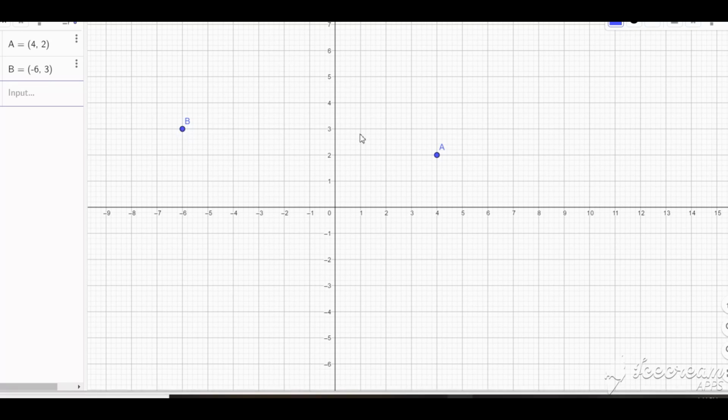Now, generally, whenever you plot a point, you plot it relative to what we call the origin. And generally, we use a capital O to represent the origin, but we don't put that on the Cartesian plane. But we know that this point where the 2 axes intersect is what we call the origin. So when I plotted point A, which is (4, 2), what it really means is that I went 1, 2, 3, 4 places horizontally to the right, and I went 1, 2 places up, which is a vertical movement.